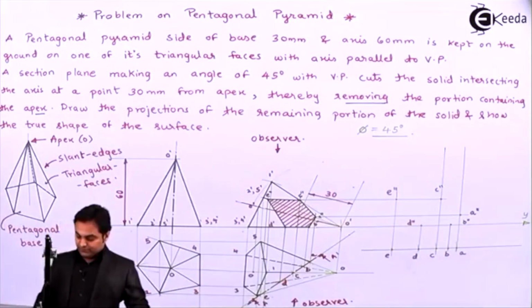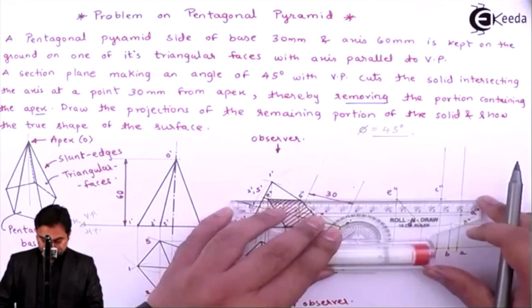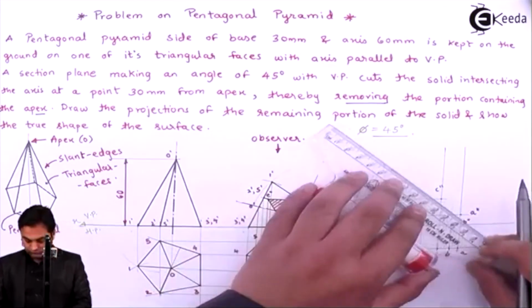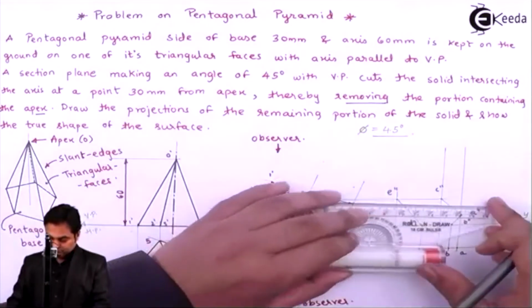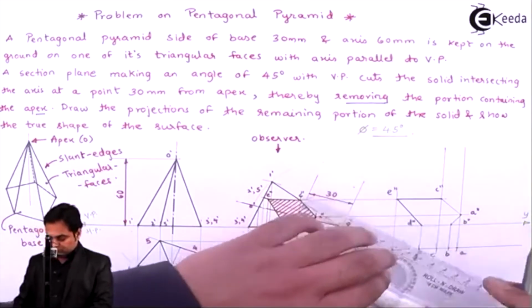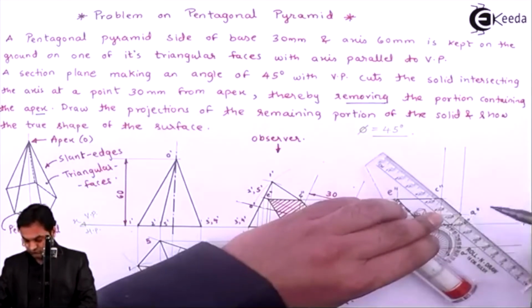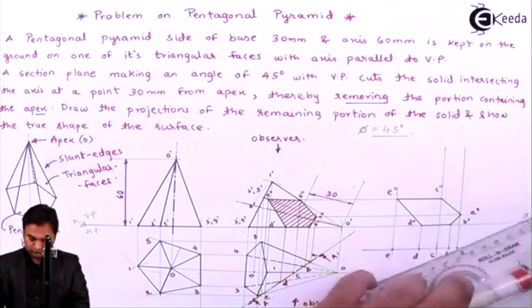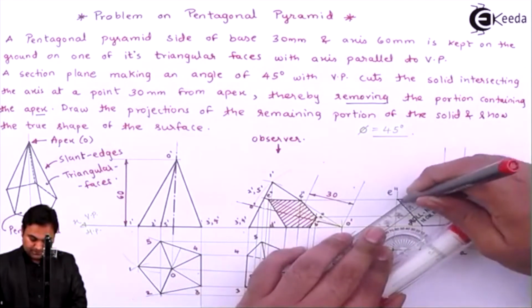Next, joining these points in the proper sequence. Making it dark. Drawing the section lines.